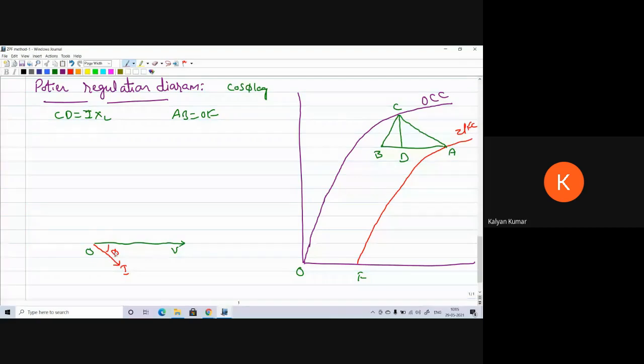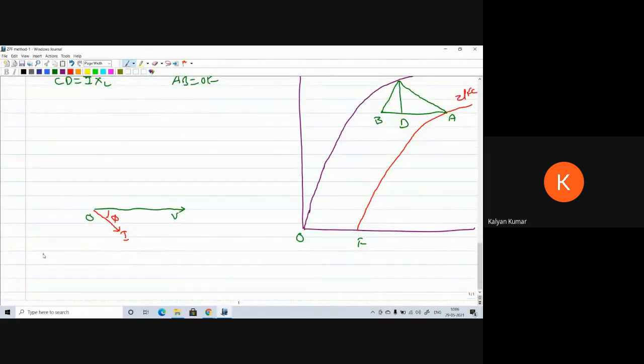If you want to find out the regulation of the alternator at a load current of I when it is operating with a power factor of cos phi lagging, then I should be drawn lagging the voltage V. Now, if you neglect RA, then ER is equal to V plus IXL drop.